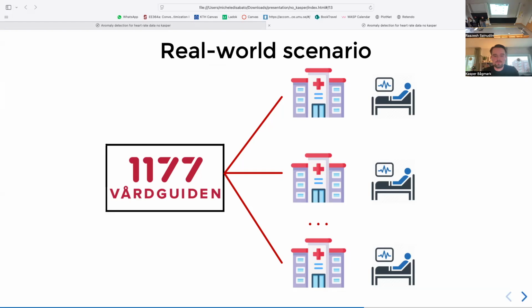So again, this preserves the patient's privacy. And the benefit of this approach is that all the hospitals eventually can have access to this shared model after aggregation.